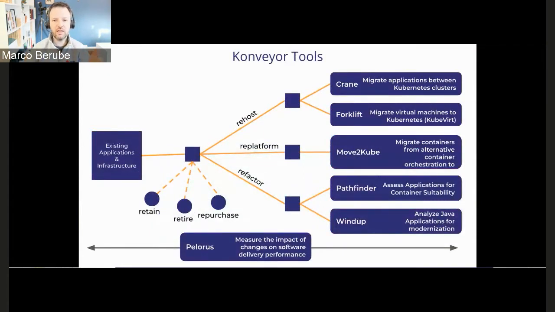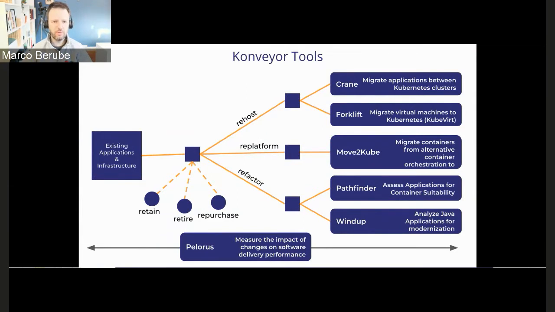But if we look at the strategy, typically, of modernizing your applications, you might have heard of the 6R approach. So the first step is to understand, for each individual application, should you retain, retire, repurchase, refactor, replatform, or rehost. So a lot of those tools are related to that strategy. If you look at Crane and Forklift, they're about rehosting your apps on top of Kubernetes.